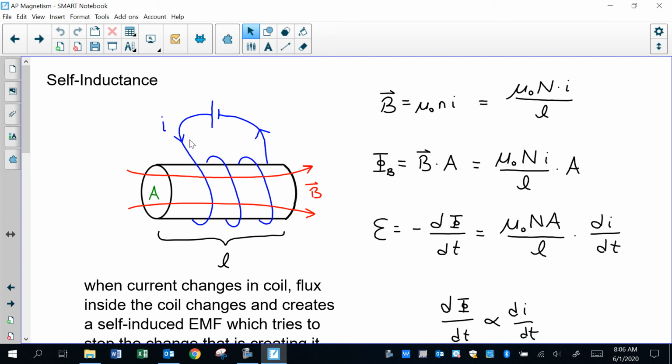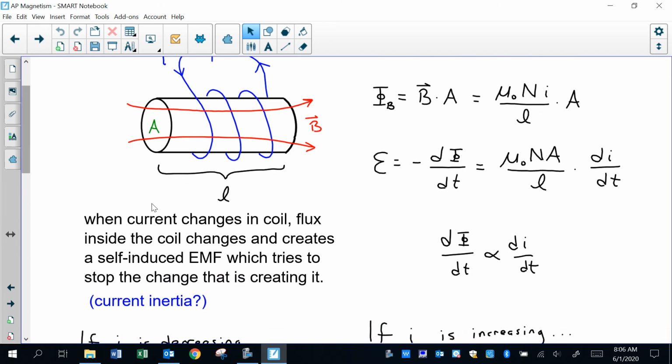Now keep in mind, this is only going to happen when the flux is changed, whether it's current or whatever else. Once that flux begins to change, that's when this happens. So I have it written out here. When the current changes in the coil, the flux inside changes and creates a self-induced EMF which tries to stop the change that is creating it.